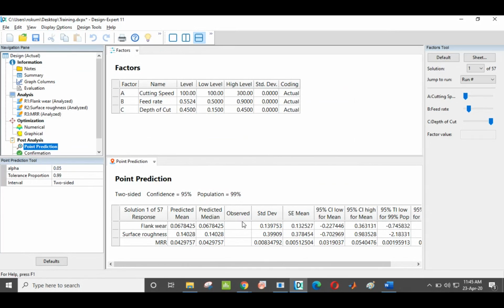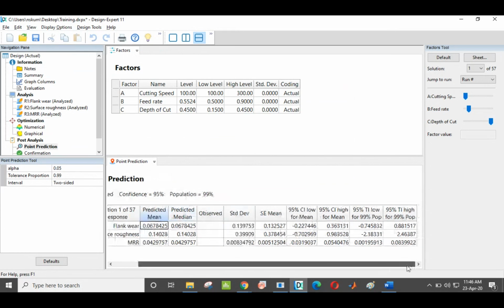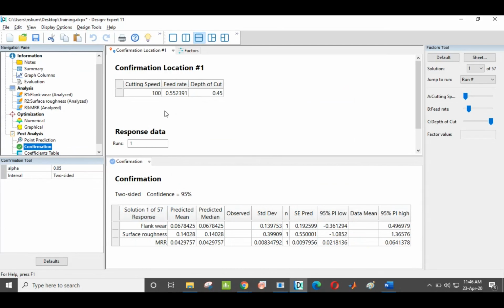So here we can enter my current setting, and that we can also study. The predicted value, the standard deviation, how much it is, that we can do. So this is my optimum in the confirmation.